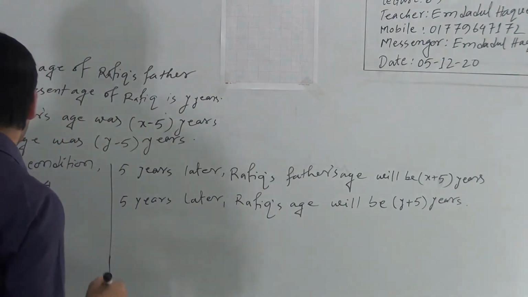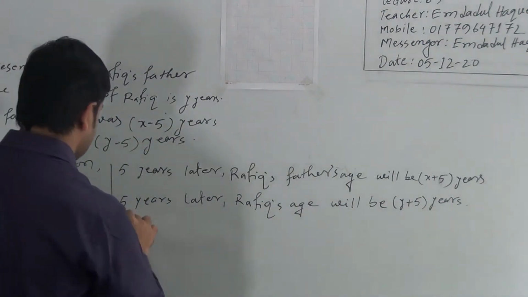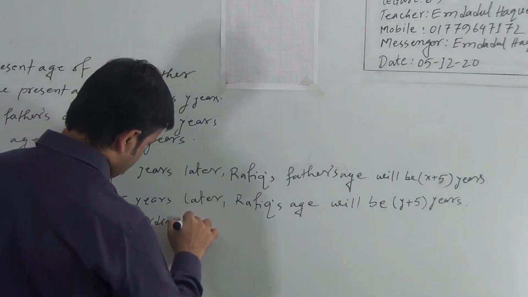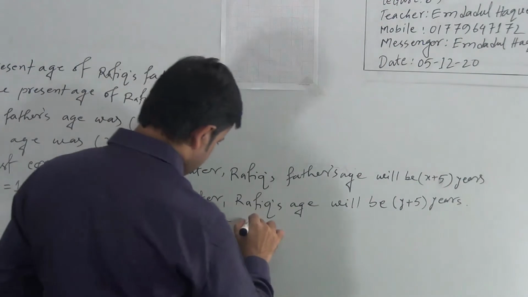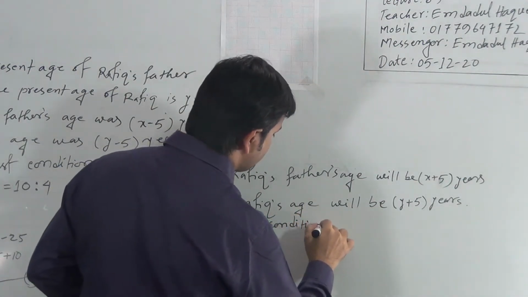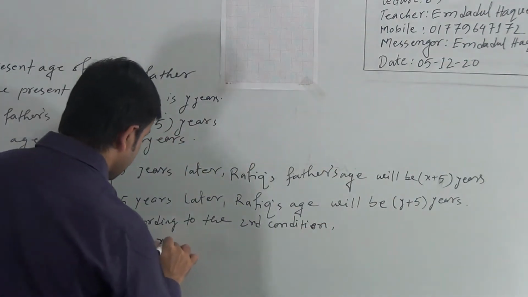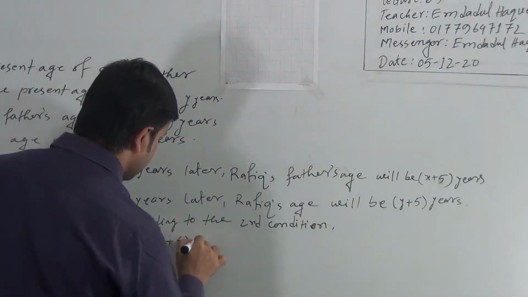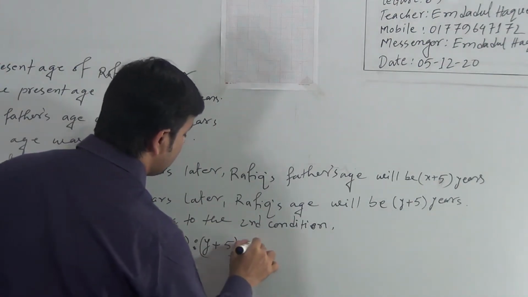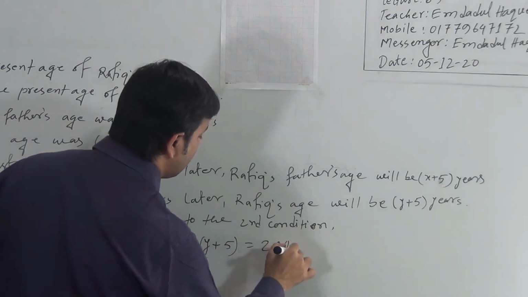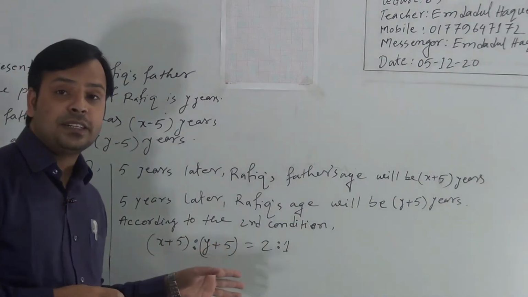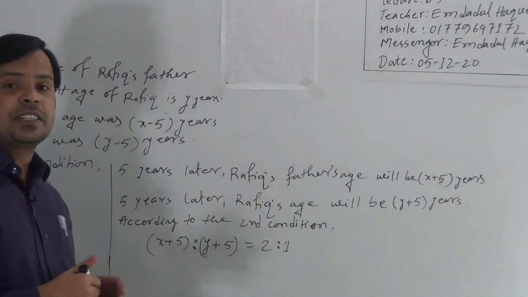So we can write according to the second condition, x plus 5 ratio y plus 5 will be equal to 2 ratio 1, as the ratio of the ages of Rafiq's father and Rafiq will be 2 ratio 1 5 years later.